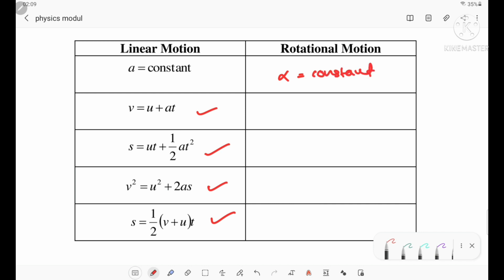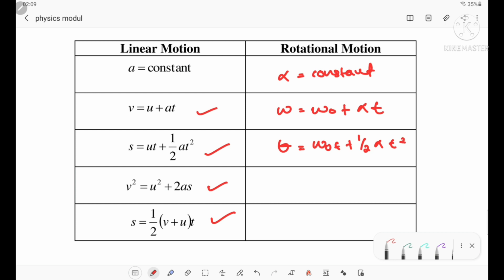For the first equation, we have omega is equal to omega naught plus alpha t, and for the linear motion s is equal to ut plus half a t squared, and for the rotational motion, we have theta is equal to omega naught t plus half alpha t squared.